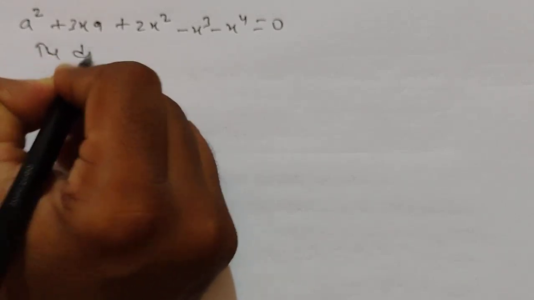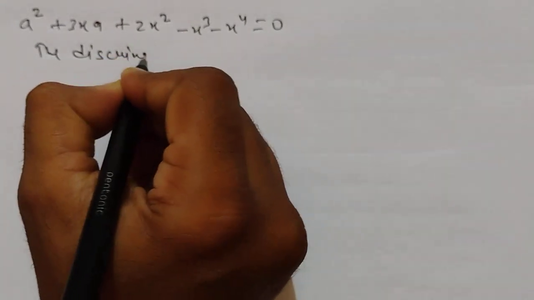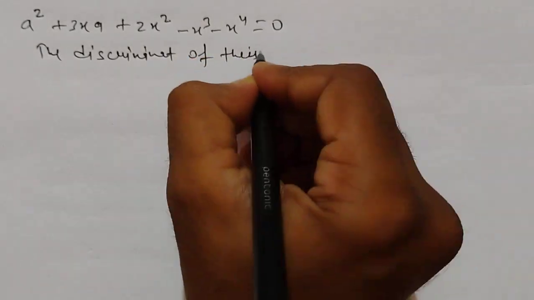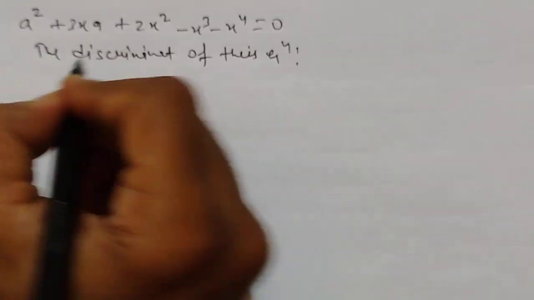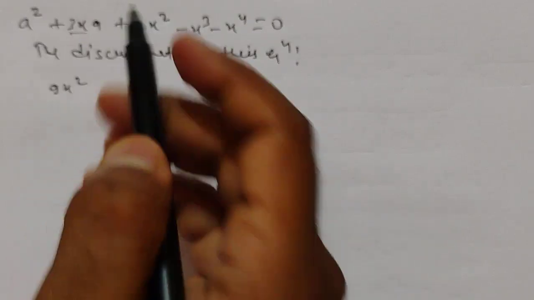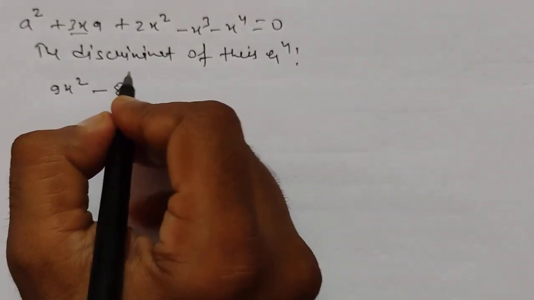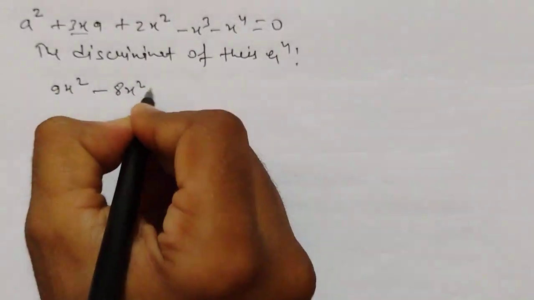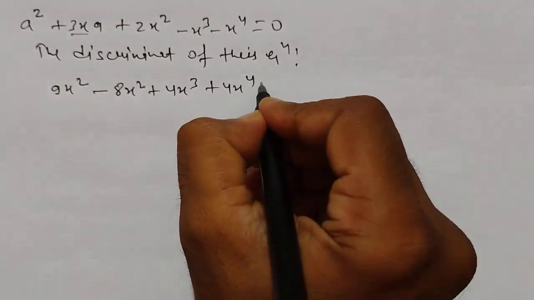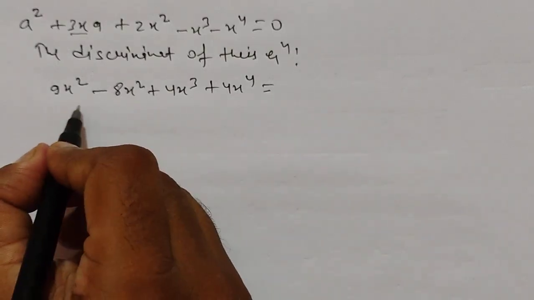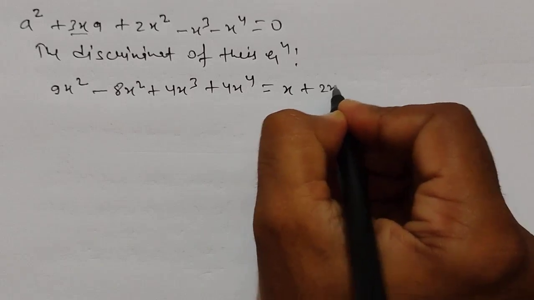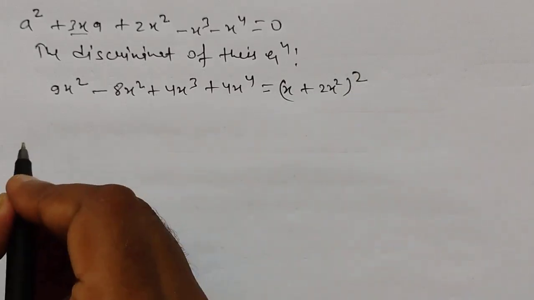is 9x square minus 8x square plus 4x cube plus 4x4, which is equal to, here this will be in the form of a complete square, x plus 2x square and whole square.